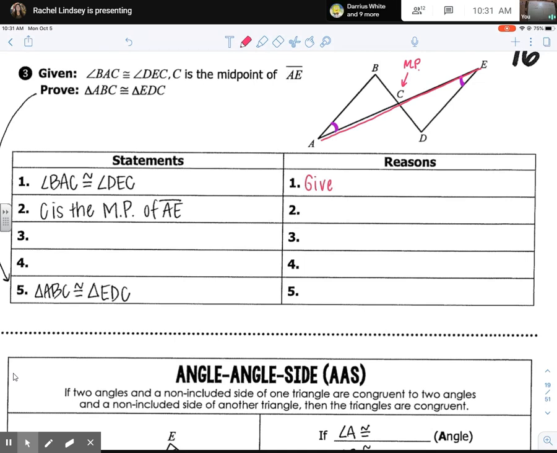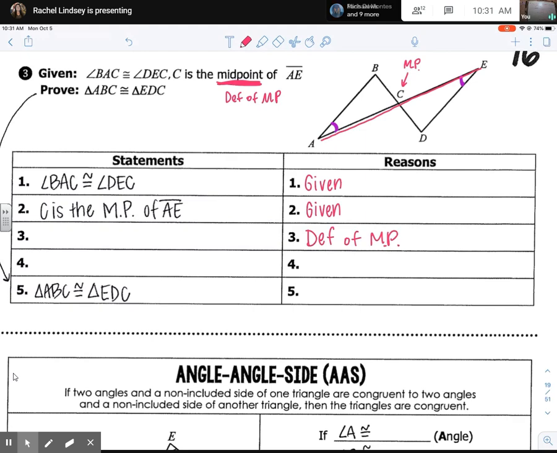And then I'm not given my other two statements, so I'm going to have to go off of what I know. So I know one of my reasons is going to be what, since I'm given this? Definition of midpoint, right? So I need to write my statement for what I got from definition of midpoint.